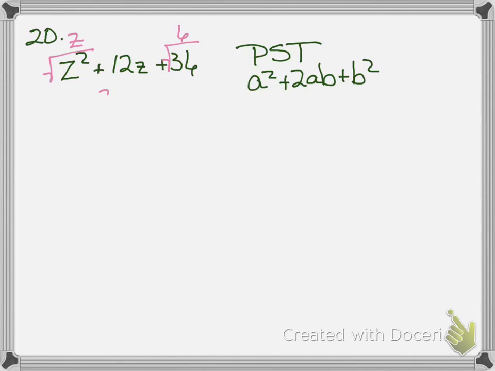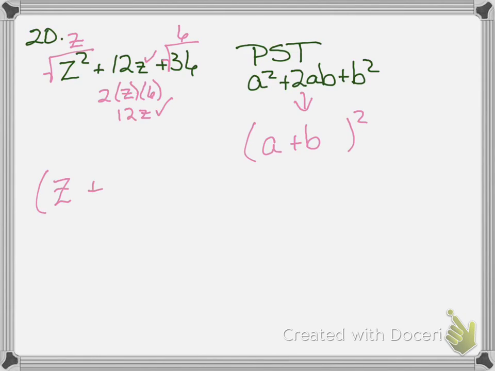And I told you to figure out what a and b were, then see if the middle term is equal to 2 times a times b. It is, so we're going to factor down into (a plus b) squared. So this is (z plus 6) squared. Look at another one like that.